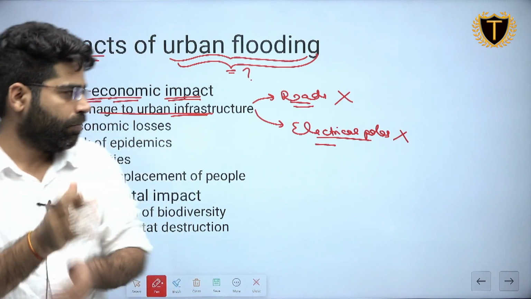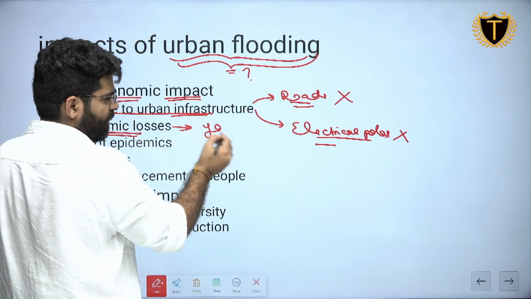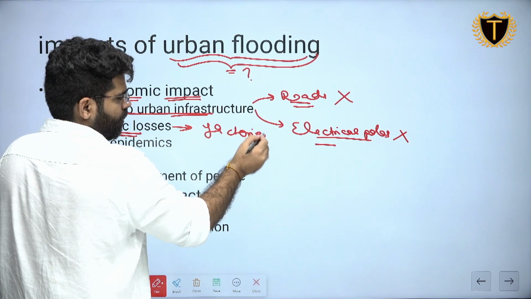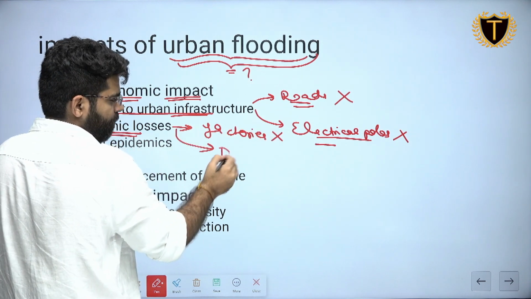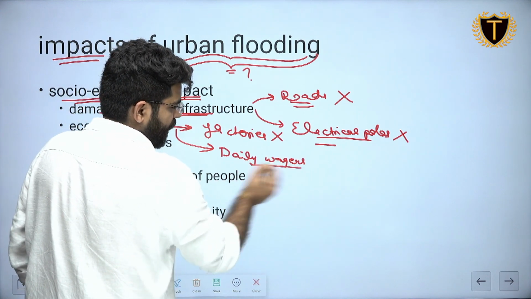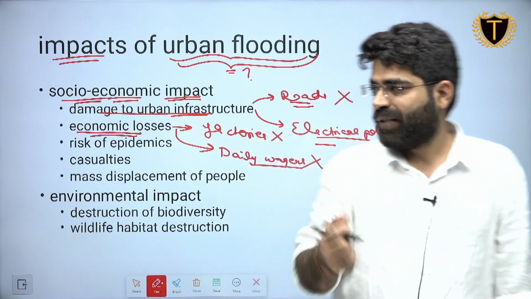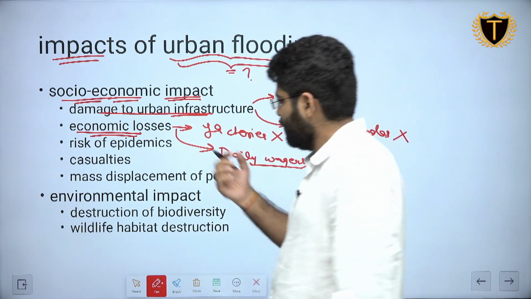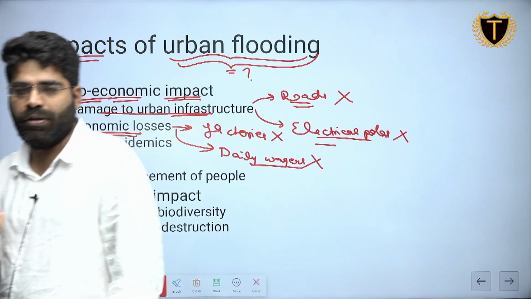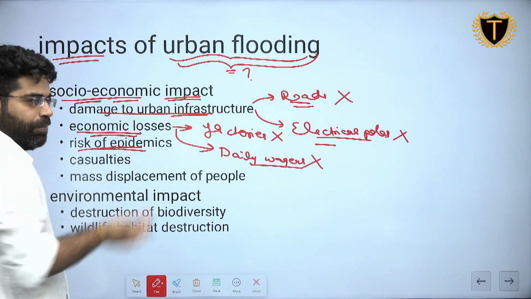Then we have economic losses, which are nothing but factories being shut down, and daily wages being maximally impacted due to the closing of the factories and of the transportation facilities. Then we have the risk of epidemics.